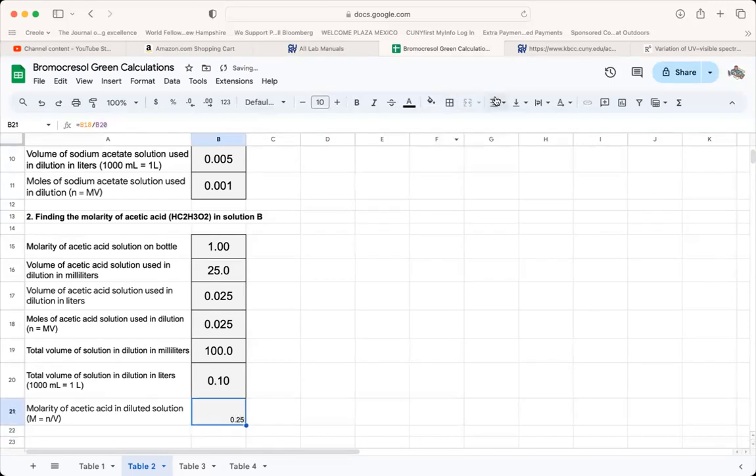Okay, that's pretty small, so let's make it a little bit bigger. Okay, so you've got your two concentrations. Or I should say we've got the number of moles of sodium acetate, and now we have the molarity of the acetic acid solution for those tables.